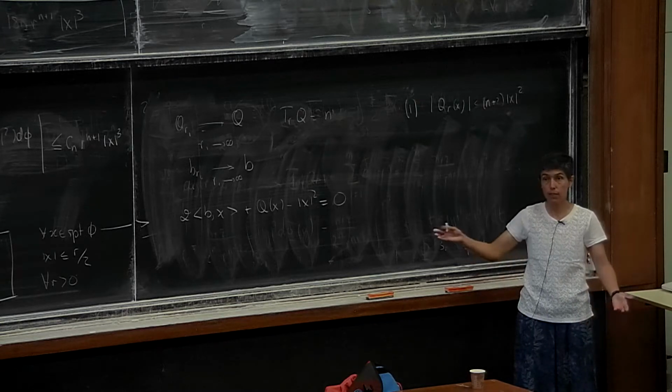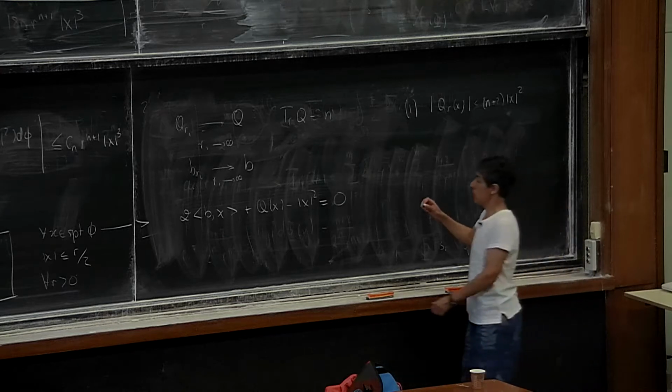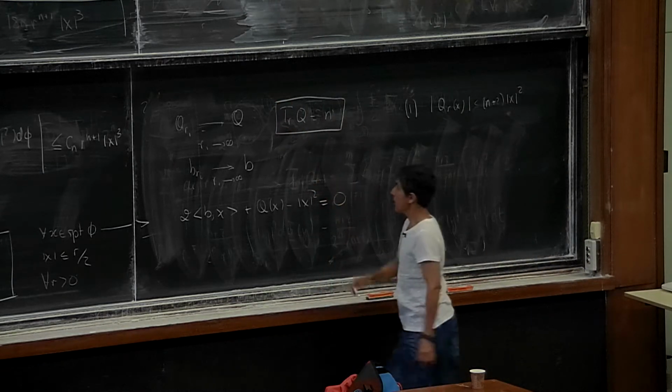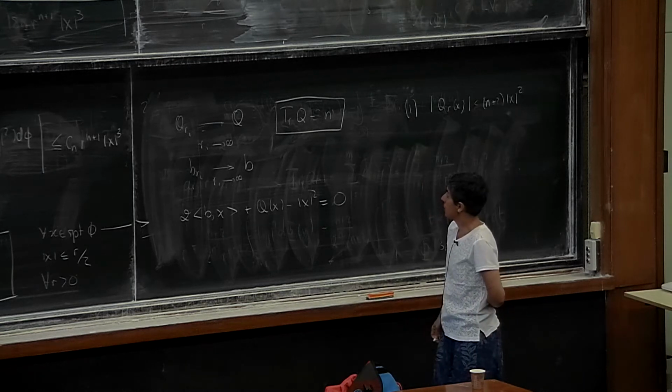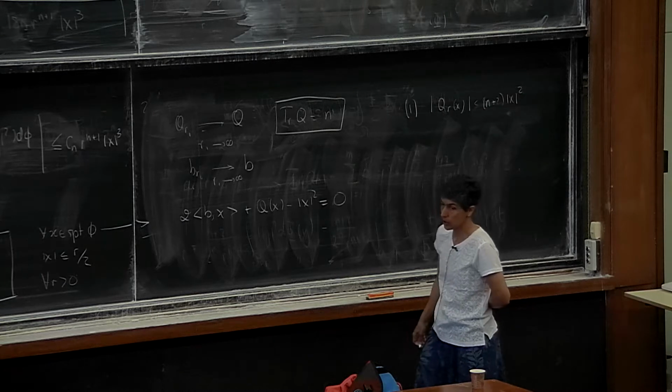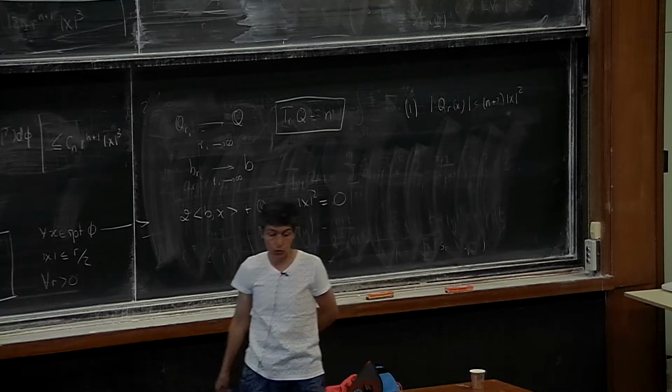So this is my quadratic polynomial, trace of Q is n. Let me leave it.